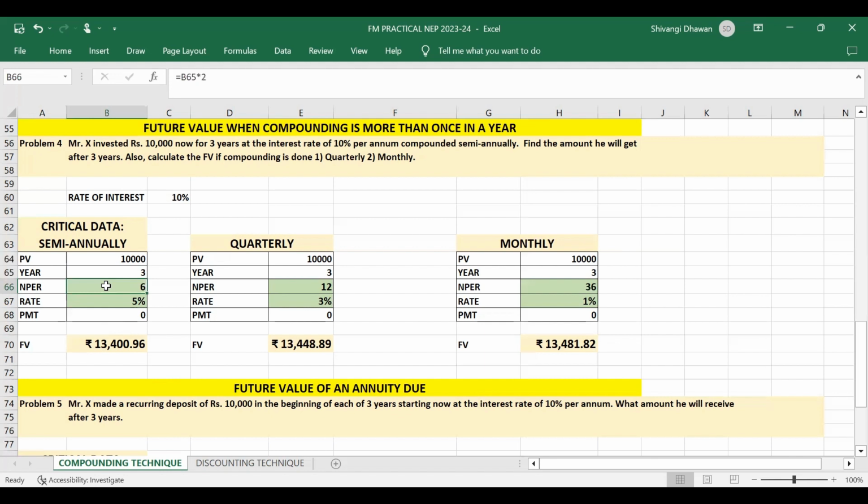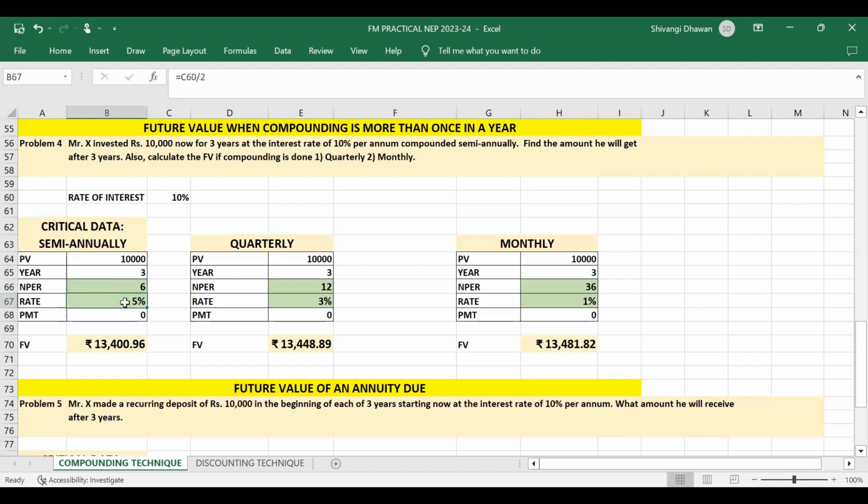For NPER, since it's semi-annual, we have multiplied 3 into 2. If it's quarterly, we will multiply with 4. If it's monthly, we will multiply with 12. Similarly, we can do it for bi-monthly, weekly, daily, depending upon what is asked in the question.